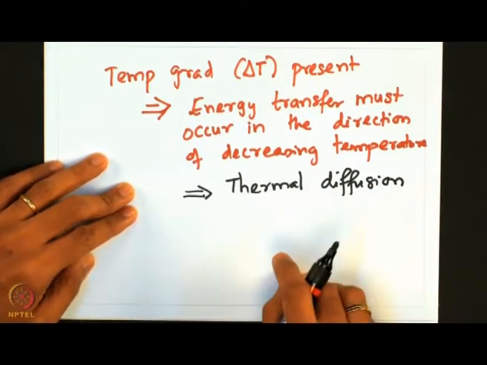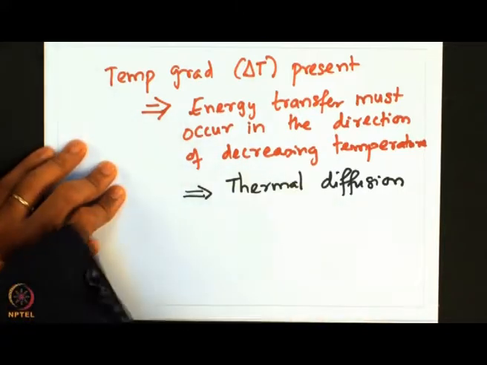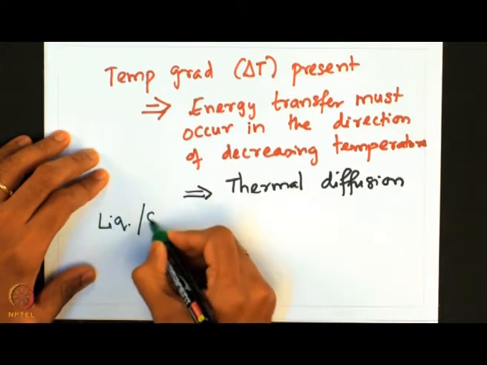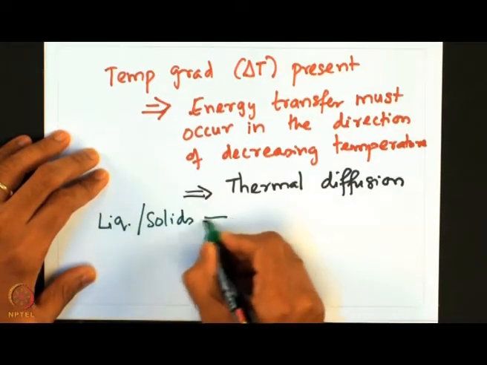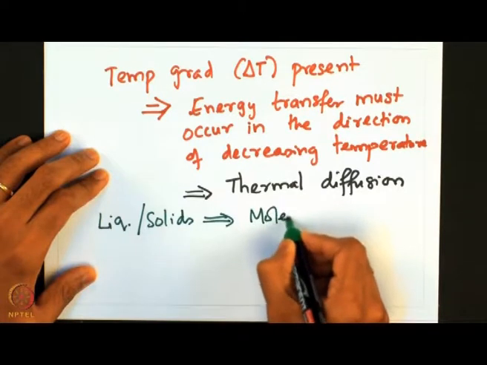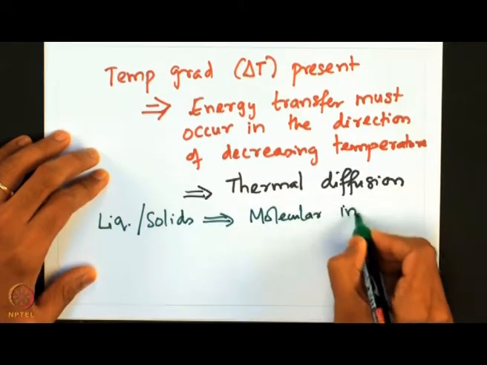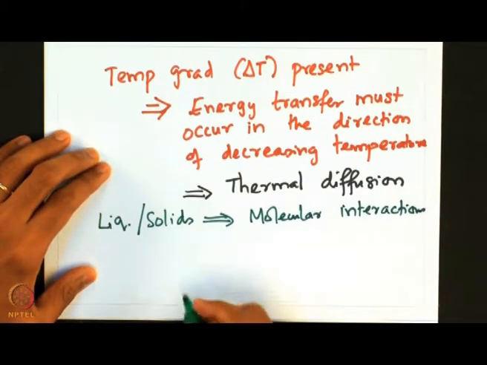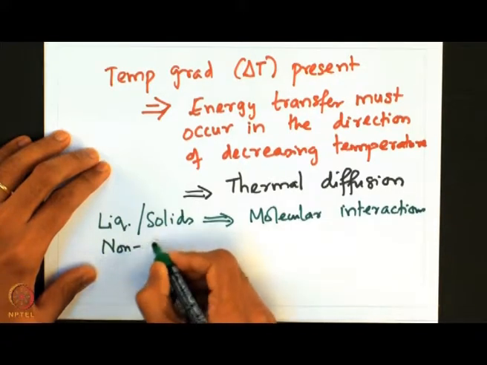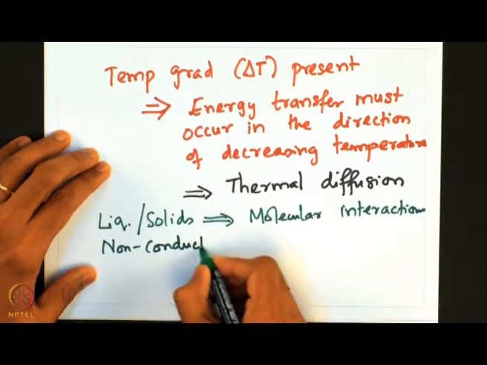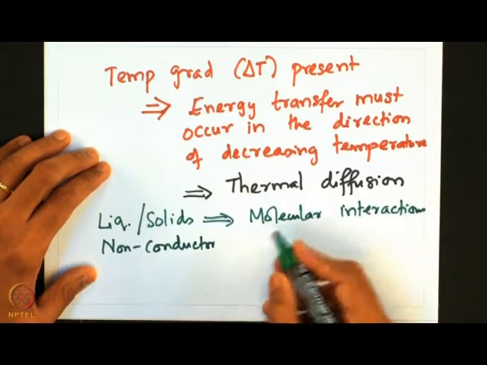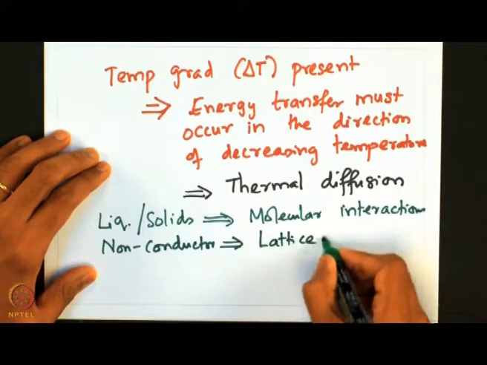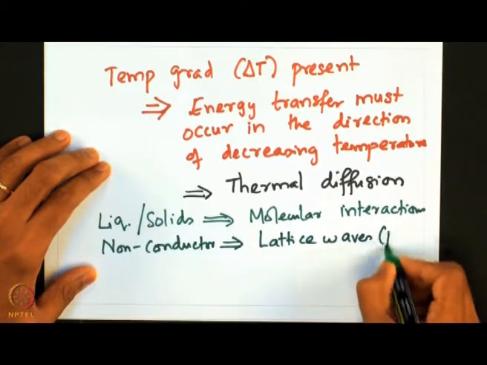The conduction or the thermal diffusion in liquids or solids typically occurs through molecular interactions. However, in a non-conducting material, the typical transport occurs because of lattice waves.